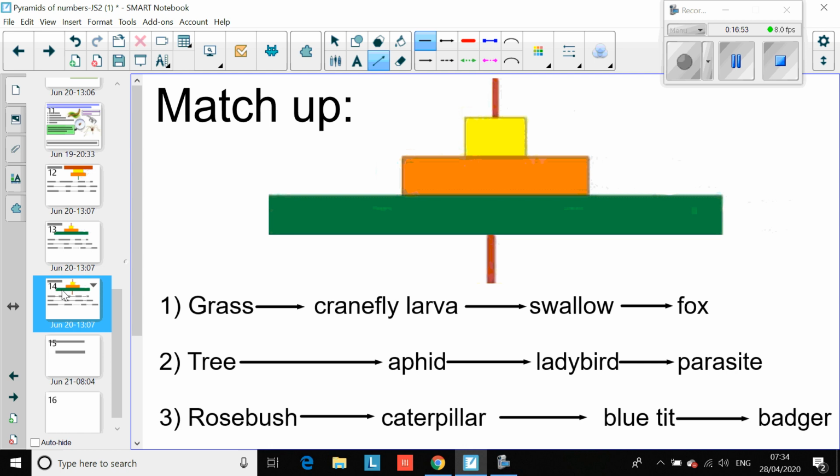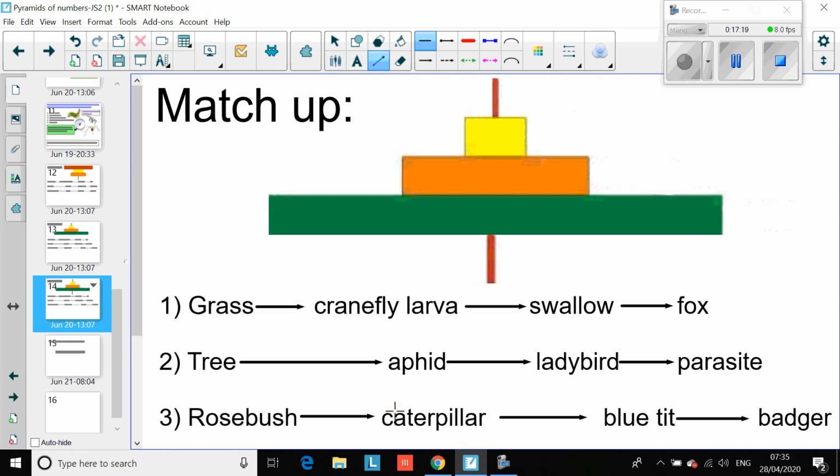And then this one. So you're probably thinking by a process of elimination: rose bush, yeah, one rose bush, caterpillar, blue tit, badger. How many of you spotted the mistake? This one, I am sorry, I threw it in as a red herring to see if you would actually go for it. This is none of them for a simple reason.